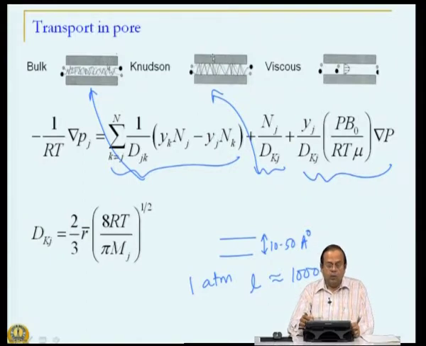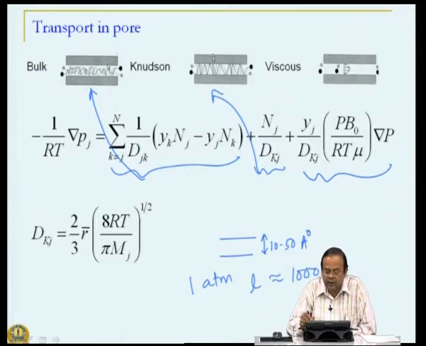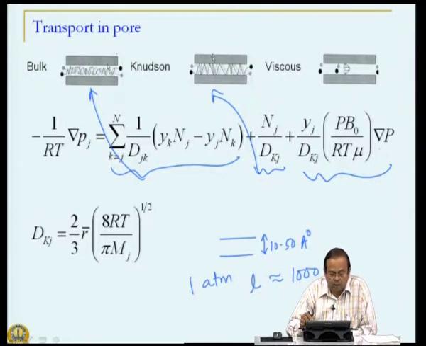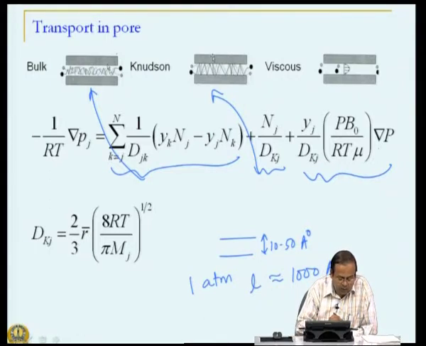So, we have three different phenomena which drive material through the catalyst pore: bulk diffusion, Knudsen diffusion, and viscous force. This is just like a flow through a tube, but in this case the tube is of 10 angstrom or 100 angstrom. So, pressure drop can be significant, and hence this term which involves pressure drop driven flow.